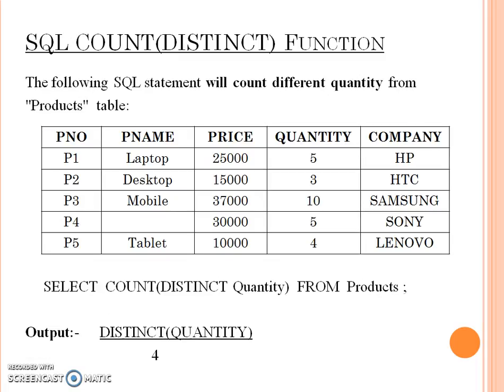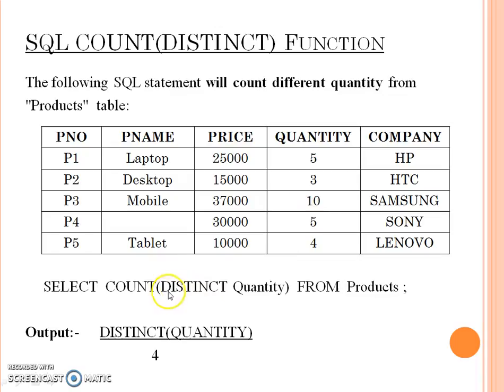Now the variation of a count star is called count distinct, right? Here I am making the distinct quantity count, right? I can see in my quantity table the values are 5, 3, 10, 5 and 4. So there are 2 quantities having the same value, that is 5.